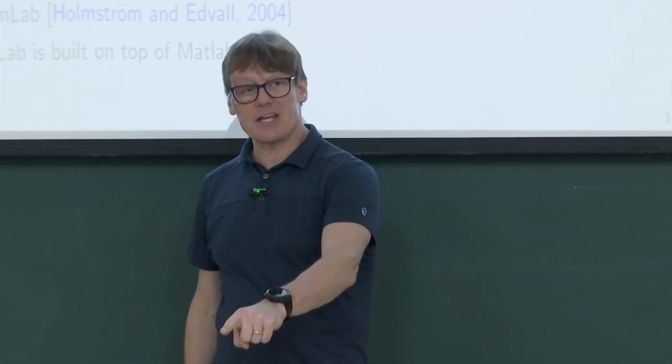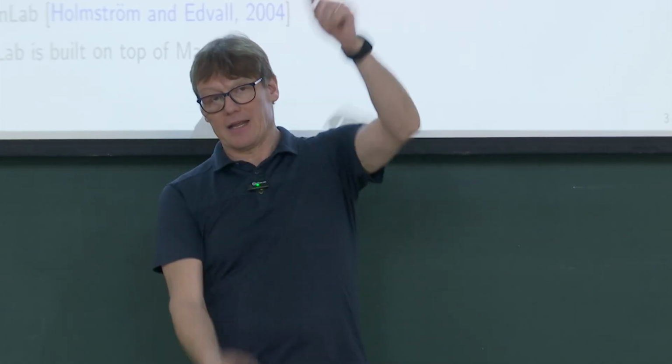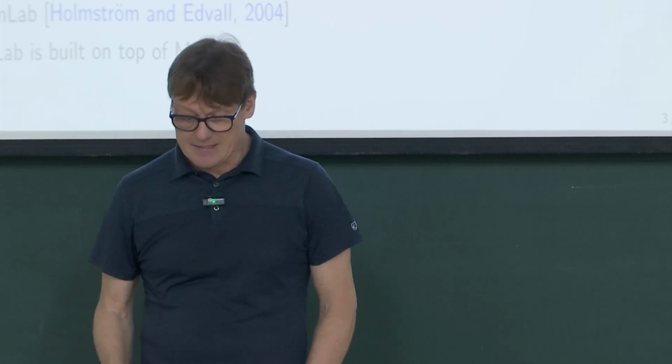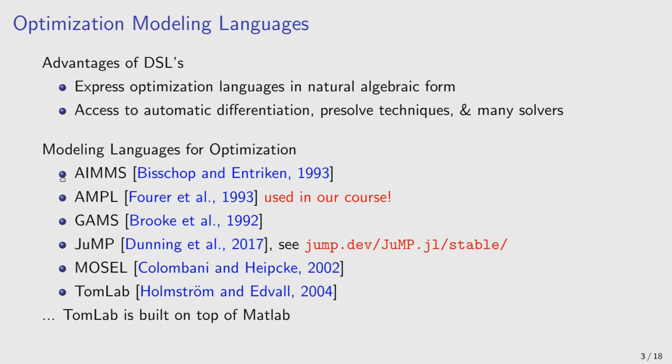But automatic differentiation allows you to get the million components of your gradient at a cost that's roughly 3 times the number of function evaluations, assuming you have enough storage. So there's a slight caveat there. Basically, what it does is exploit the chain rule to provide gradients. It also has presolve techniques that sometimes reduce the model and make it easier to use.